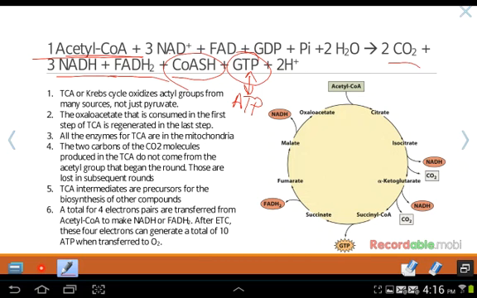There we see our NADHs, FADH2, that GTP, and our 2 molecules of CO2.